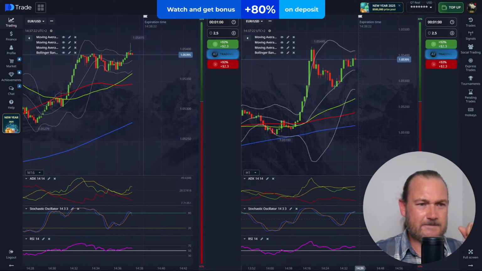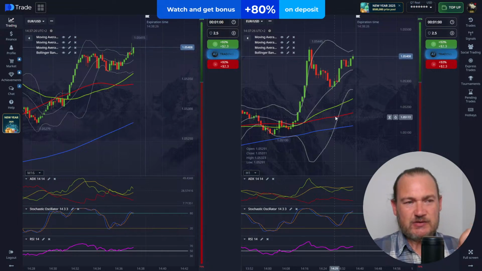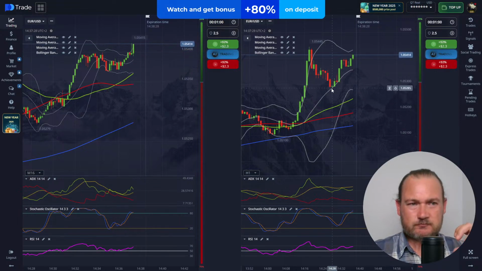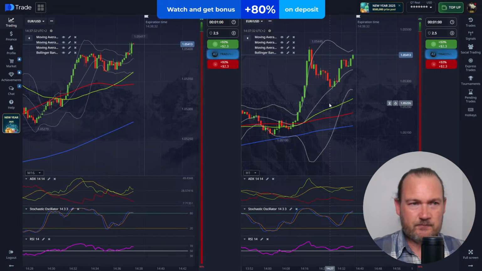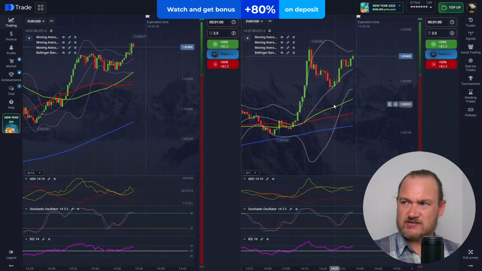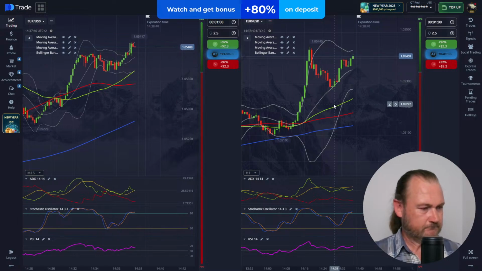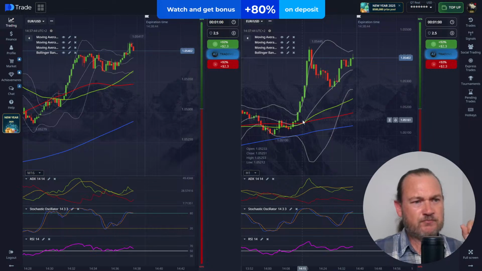Okay, so we're going to be looking at a few different strategies, but we're going to see if we can pick up some trades. And hopefully, we're going to lose 1 or 2 of them so that we can apply the Martingale money management to our trading and see if we can recover the losses we incur.